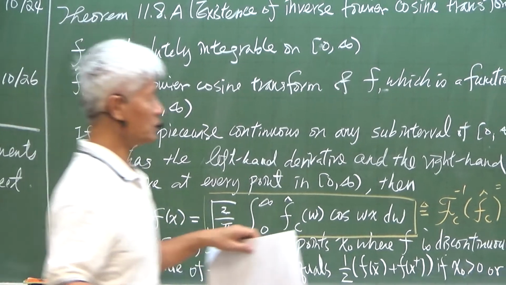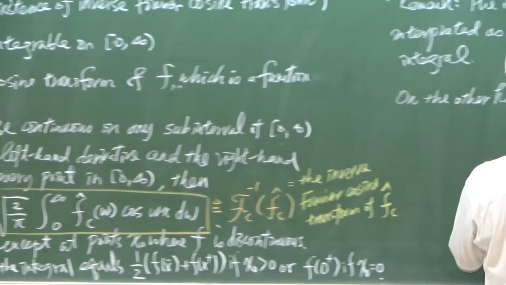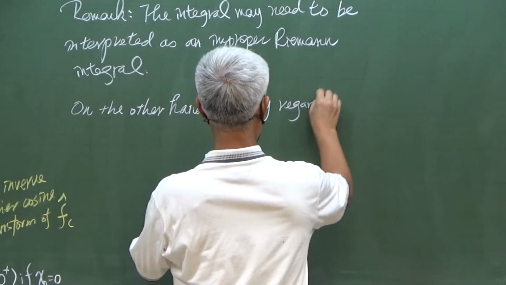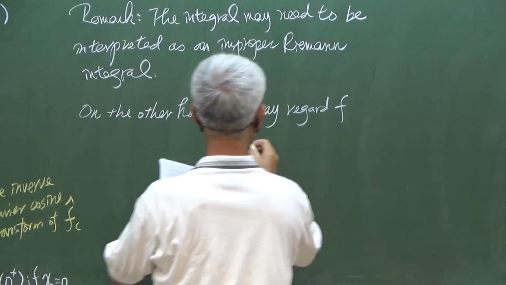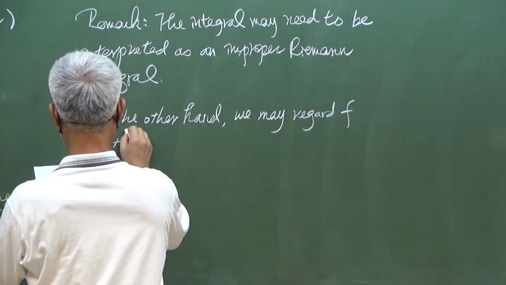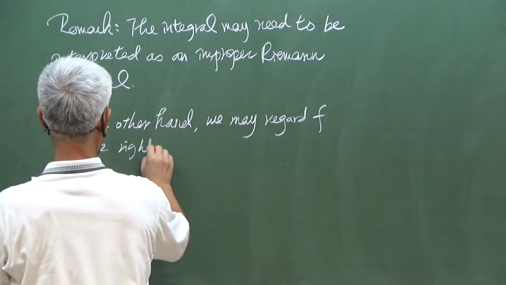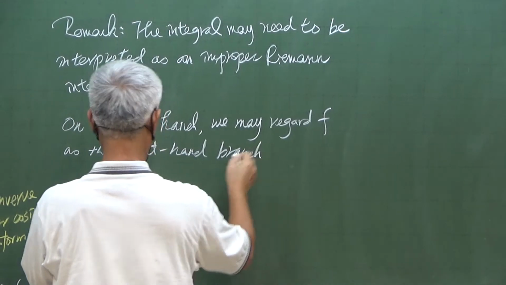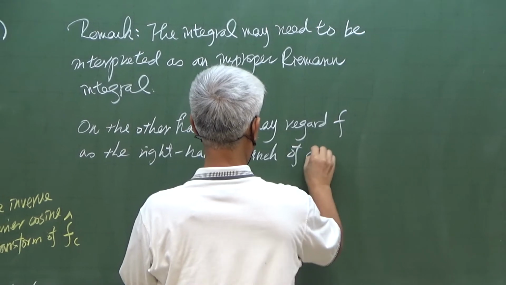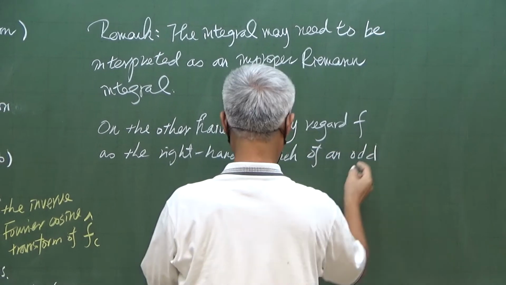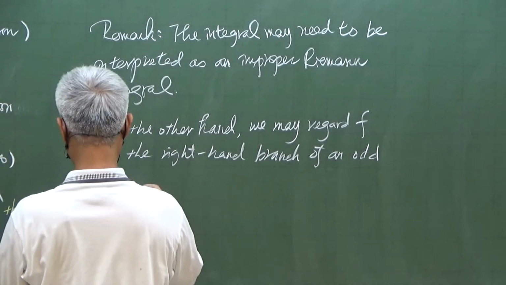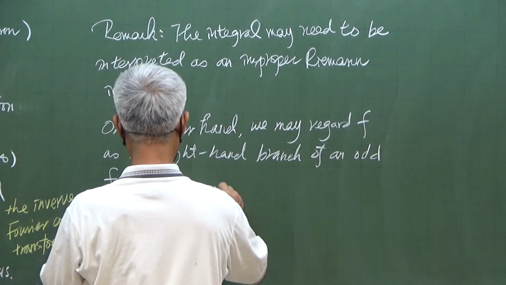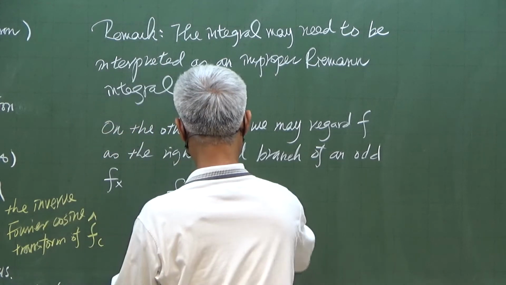But we can also regard the same function as the right-hand branch of an odd function.